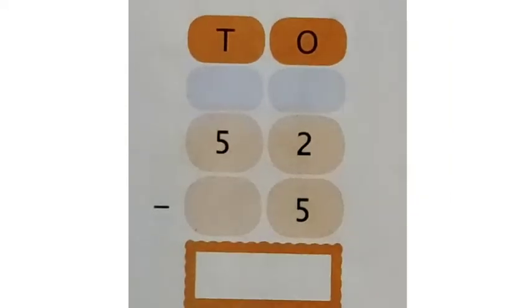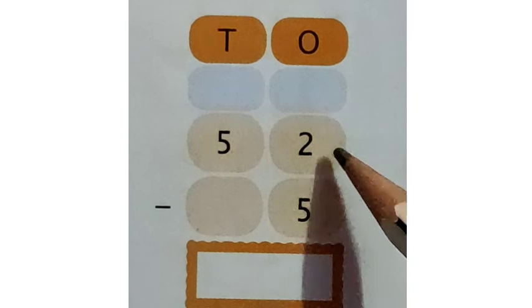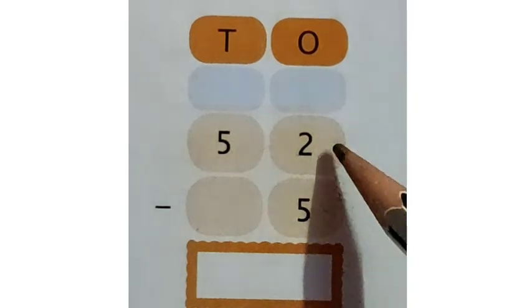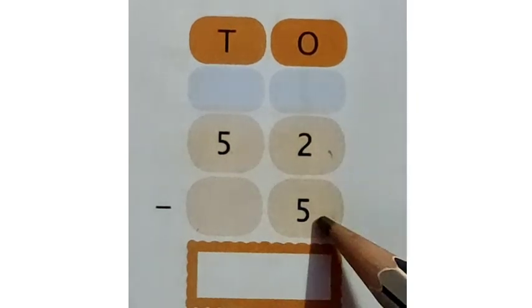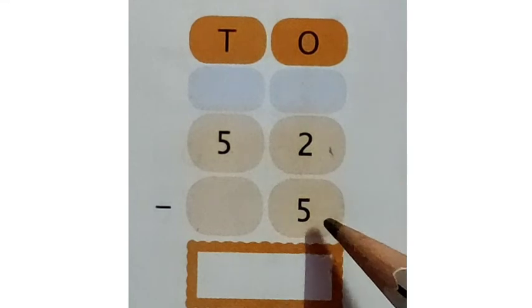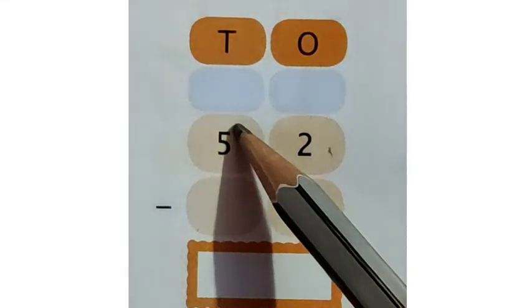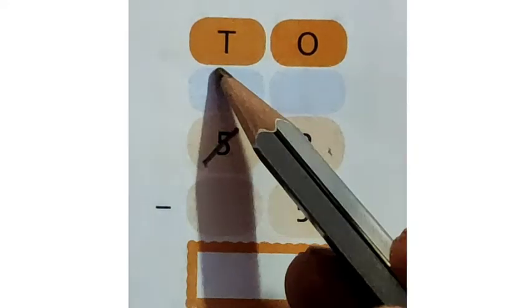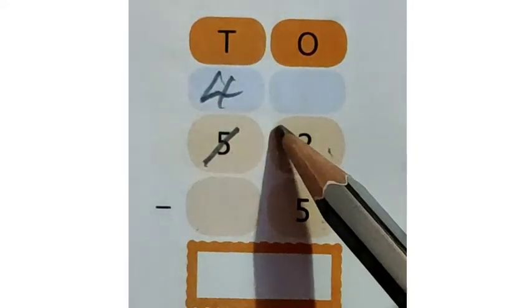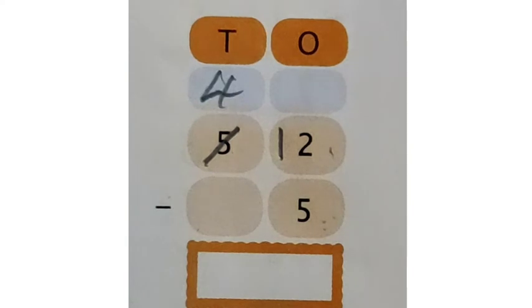Now let's move on to the third question, that is 52 minus 5. From 2 we cannot minus 5 because 2 is a small number, 5 is a big number. From a small number we cannot minus a big number. Here we have to borrow 10 from the tens place. From 5 tens, 1 ten goes, we get 4 tens, and 1 we have to write in the ones place, that is, we get 12.